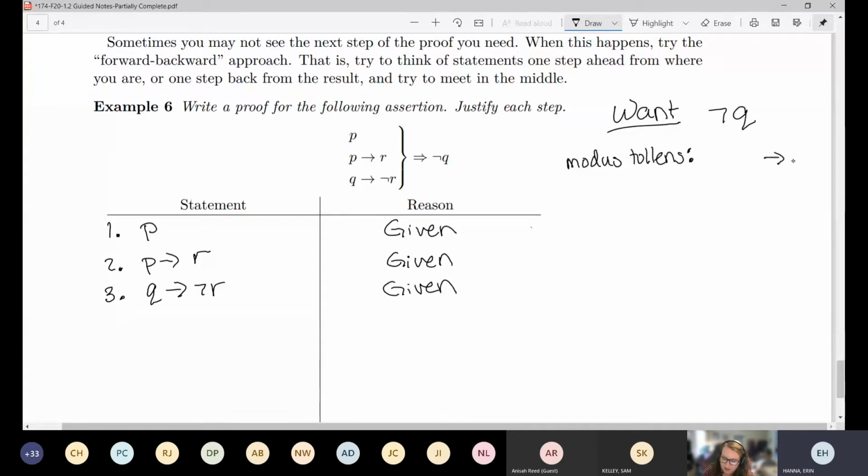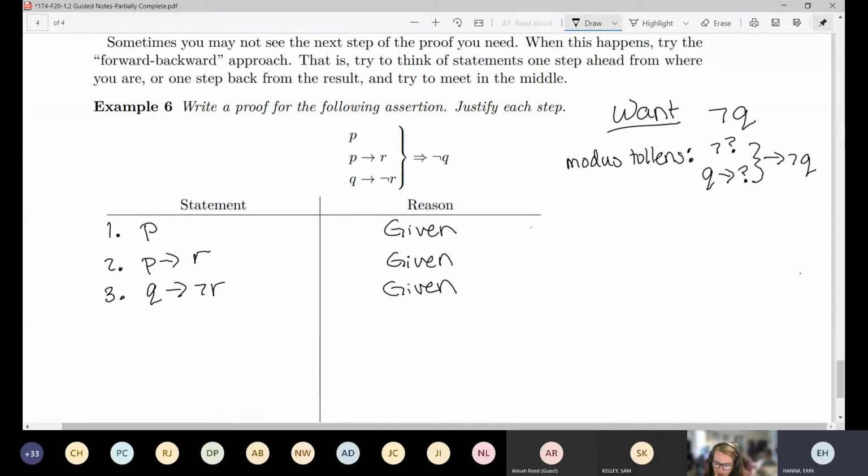So if we want not Q from modus tollens, what we would need is Q implies something, so either P or R in that case. Let me put a question mark, and then we would need not whatever that thing was.